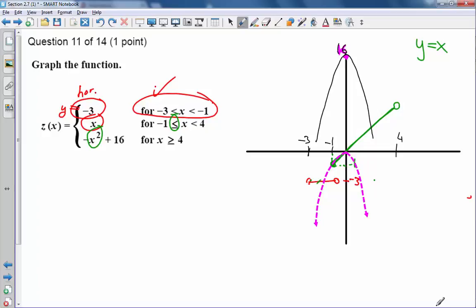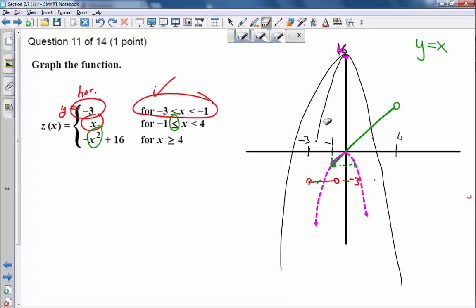However, we do not need any part of this. Extend it all the way down, because why did I extend it all the way here? Because I've seen what part I need to trim.